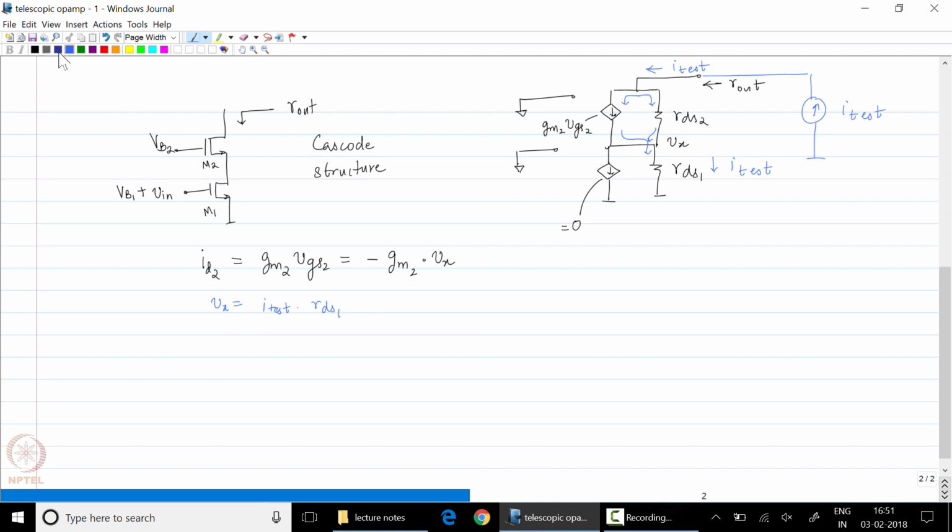Therefore, the value of the drain current through M2 is minus GM2 into rds1 into I test.